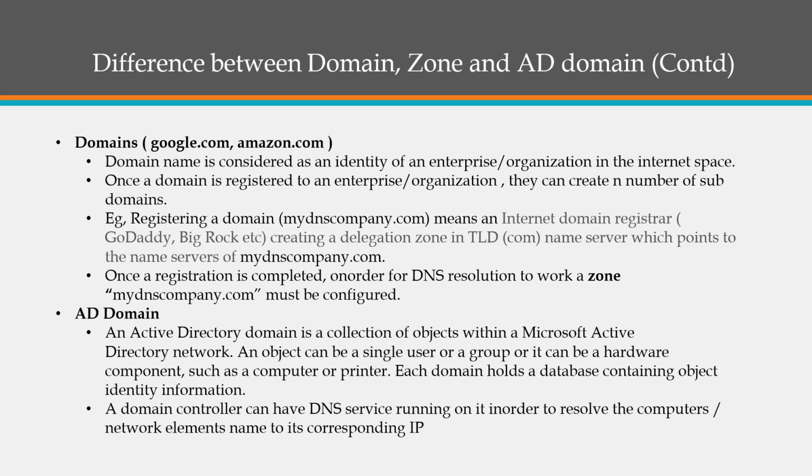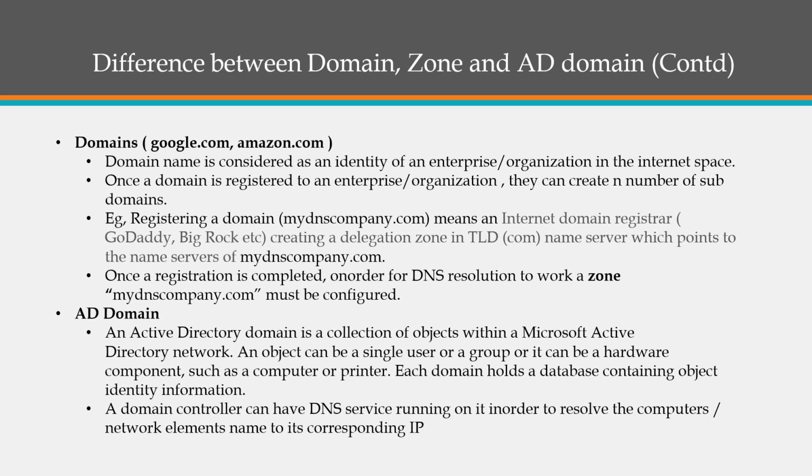In the backend, the registrars create a delegation zone in a TLD name server. Since I want to create my DNS company under .com, a delegation zone will be created in the com name server, which will point to the name servers of the mydnscompany.com zone, so basically my DNS servers.